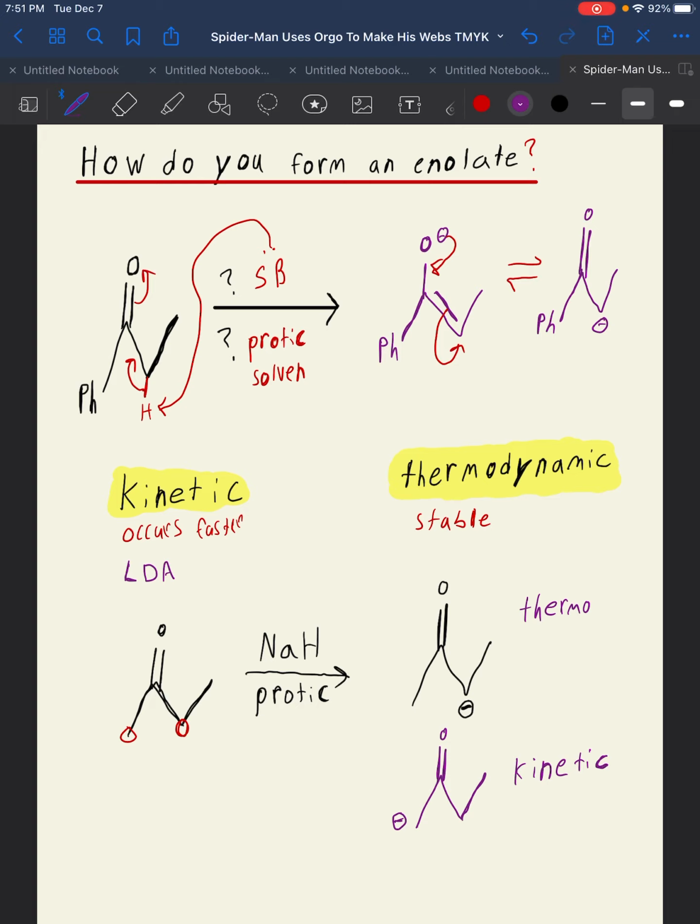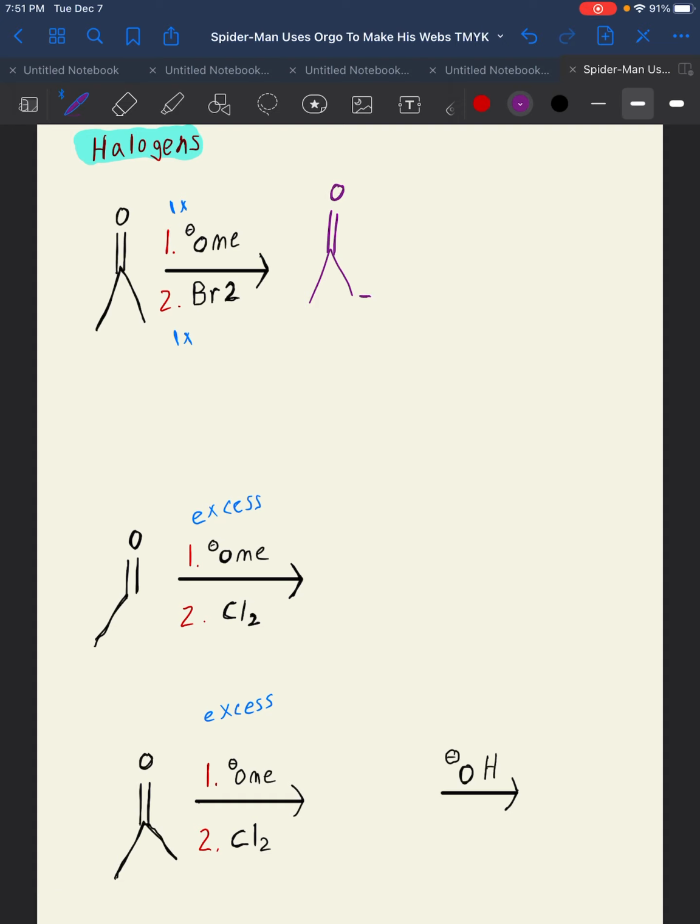Now, enolates with halogens, what do these do? Well, once again, the first step would be, since we have that strong base, we're going to form our enolate in its reactive form, which would look like this. Now then we also have Br2, which looks like this right here.